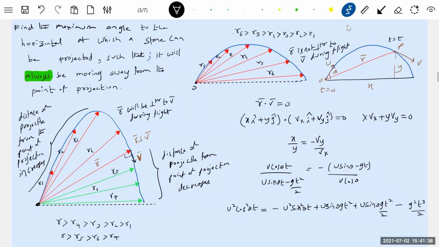Okay, fine. Taking u square t common, cos square theta plus sin square theta, equal to 3 g u sin theta t square by 2.